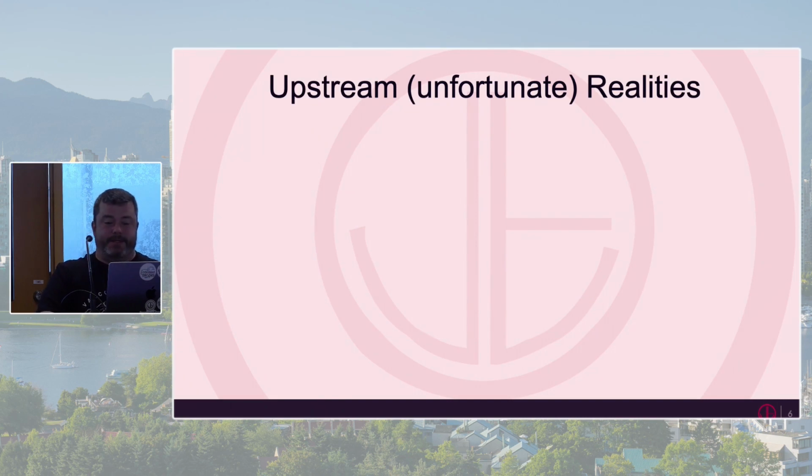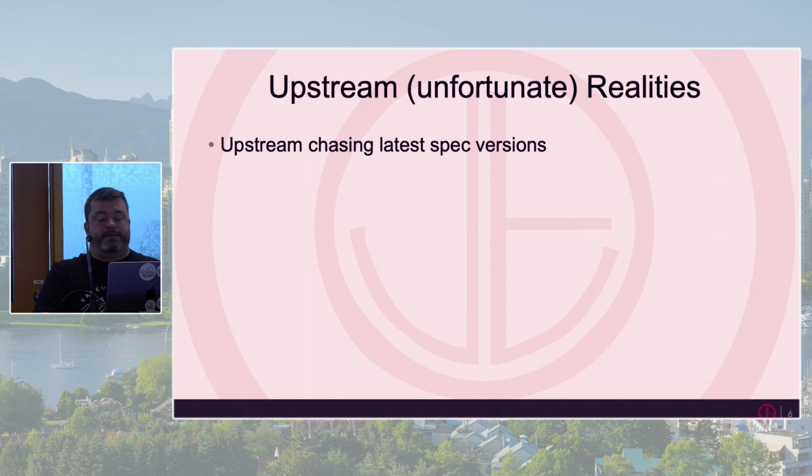So the unfortunate realities. The upstream is chasing the latest spec, right? So there is CXL emulation support in QEMU. If you wanted to grab the latest version of QEMU, you can probably fire up a CXL 3.0 root complex, or it's not really a root complex, but you have a CXL 3.0 environment, and then good luck trying to find a CXL device to plug into it.